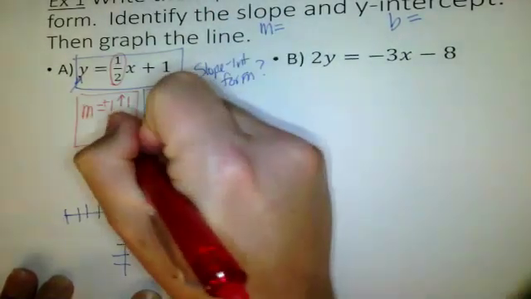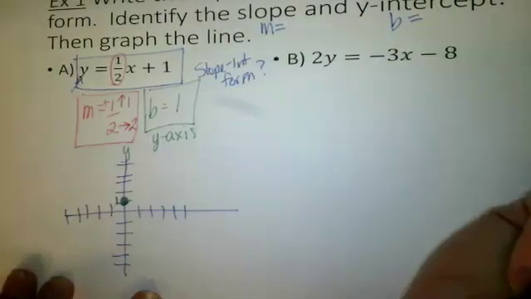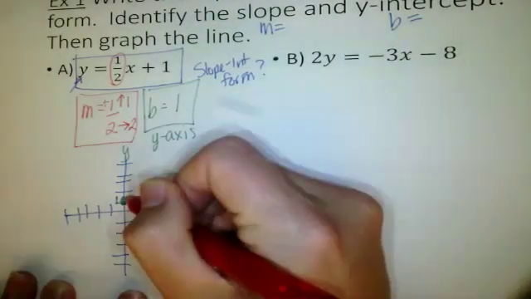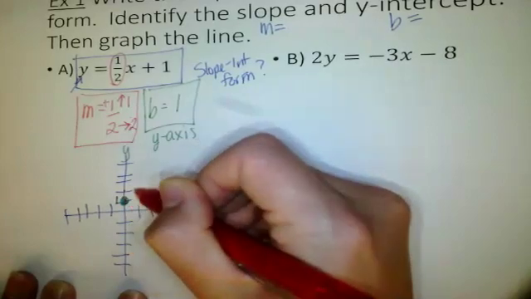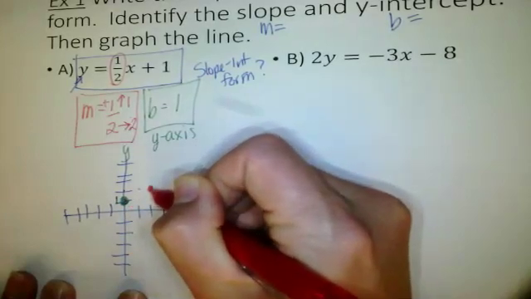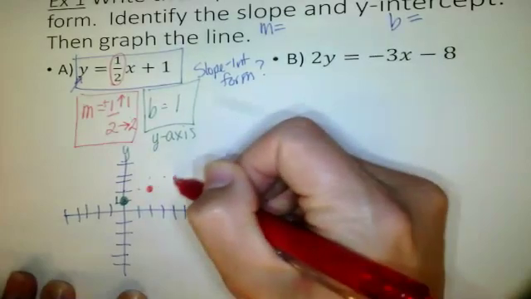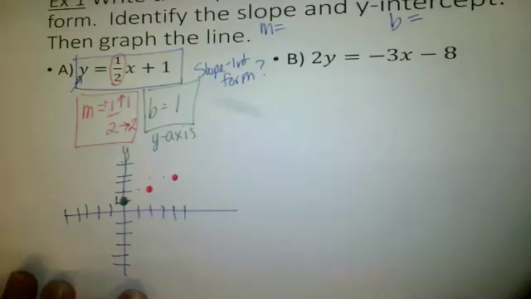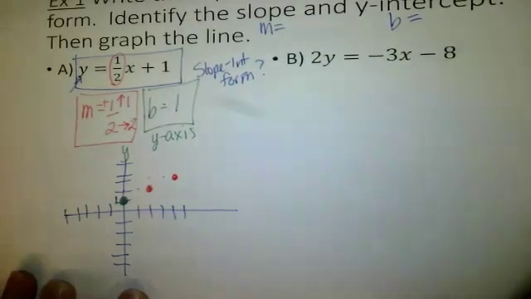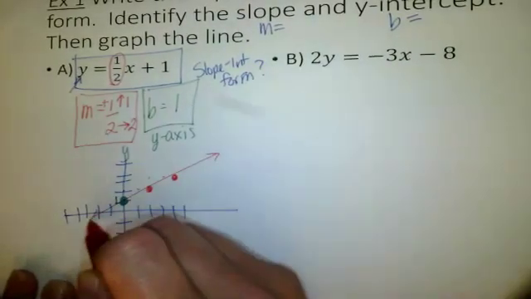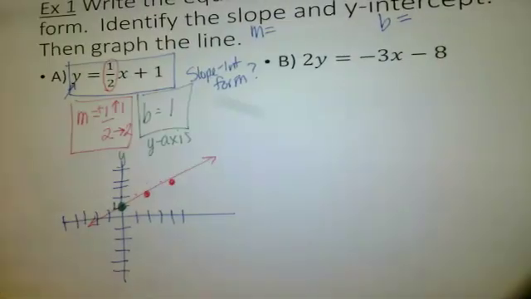And the bottom number is always going to go to the right. So we're going to go up 1 and right 2. So I'm going to go up 1 space and right 2 spaces. Put a big dot. I'm going to do it again. Up 1 space, right 2 spaces. Put a big dot. Once you've done that once or twice, preferably twice, connect the dots. There's your line. Beautiful.